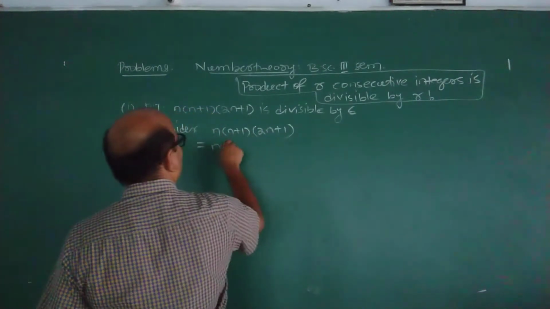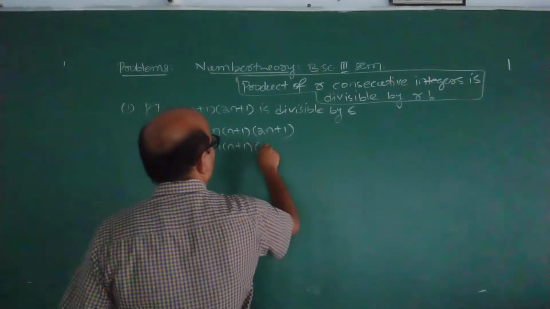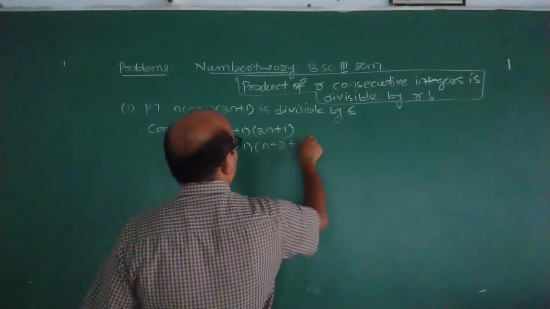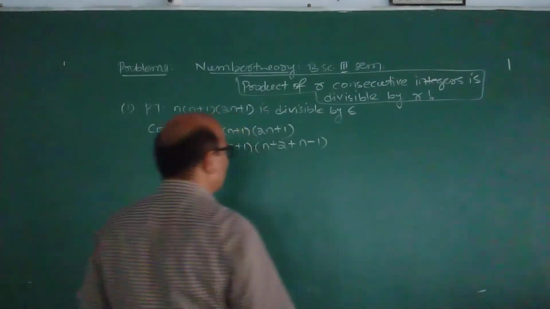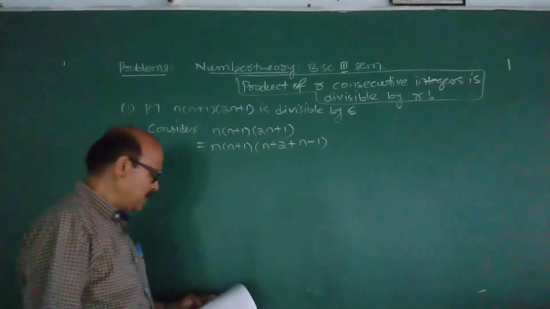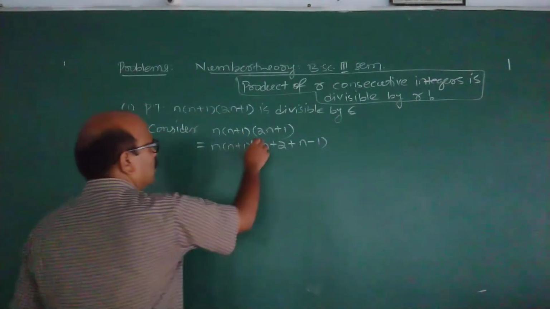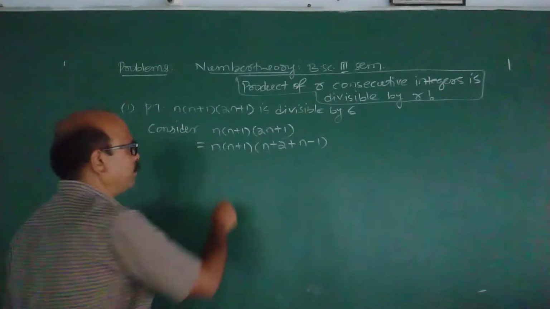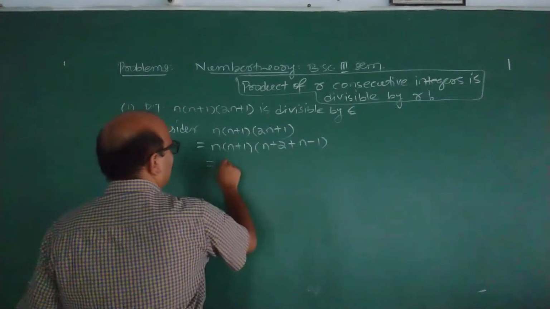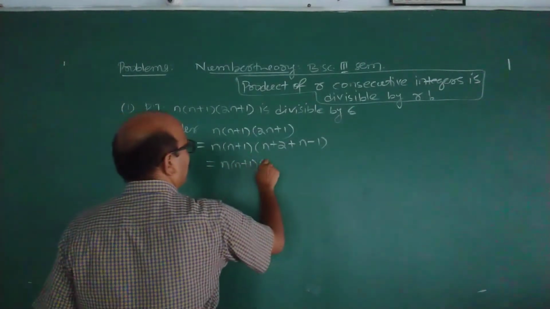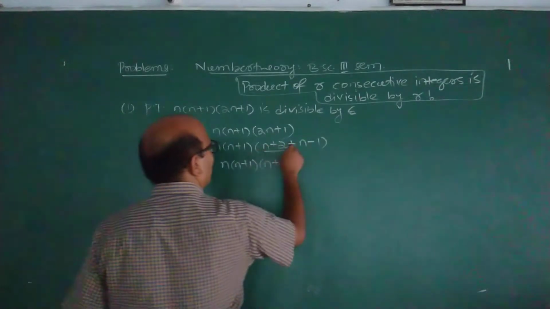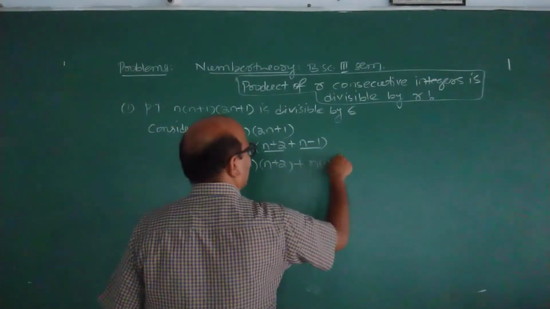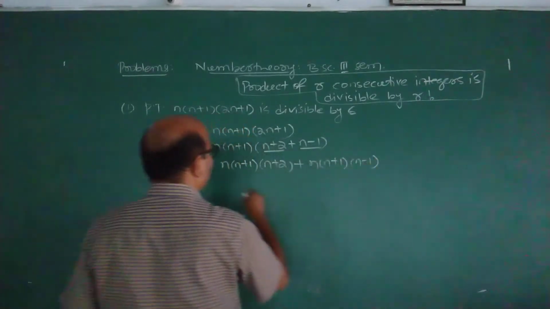We write this as n into n plus 1 into n plus 2 plus n minus 1. Correct? Because 2n plus 1 is written as n plus 2 plus n minus 1. Therefore it is n into n plus 1 into n plus 2, take this as one term, plus n into n plus 1 into n minus 1, this as another term.